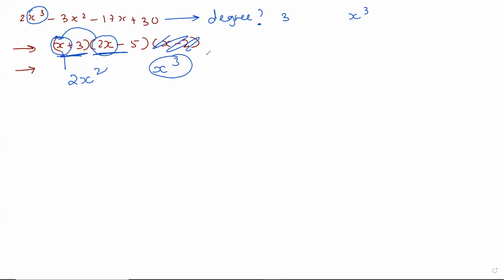So that's the problem: we have to have exactly one more bracket. That's why here we have x minus 2.